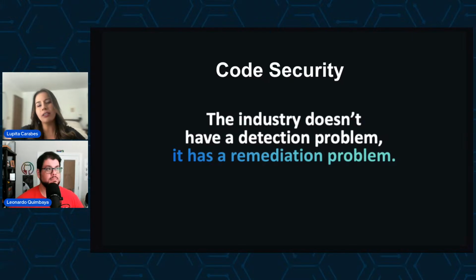A lot of times it's more about checking the box. And I think for us, our philosophy and approach to this problem is ensuring that developers have what they need to succeed to ensure that they're fixing those findings.